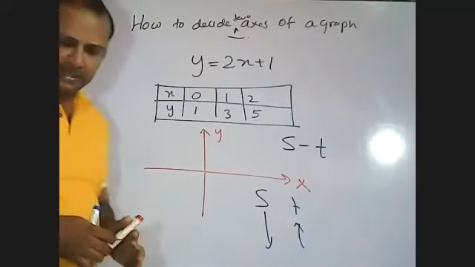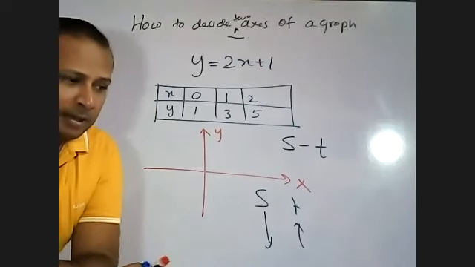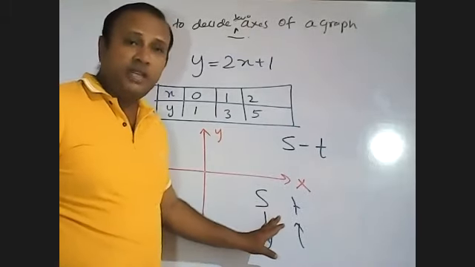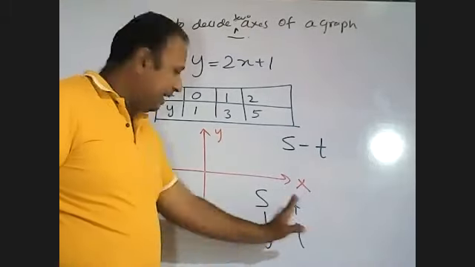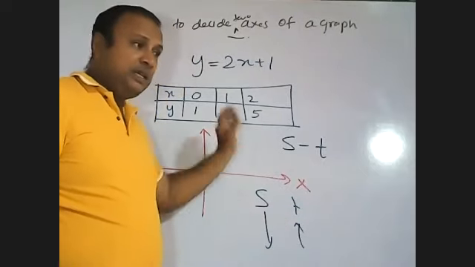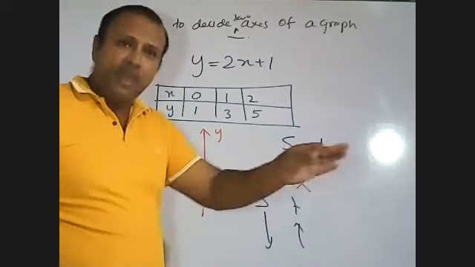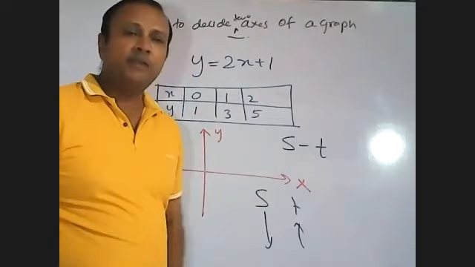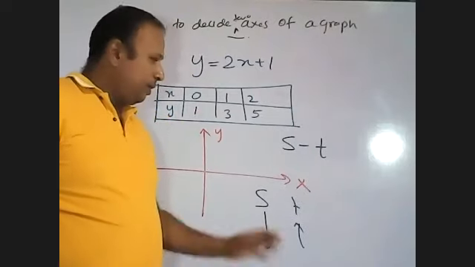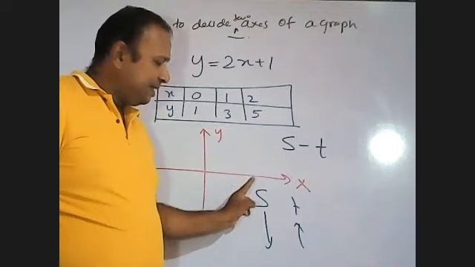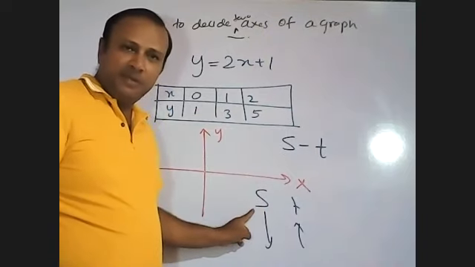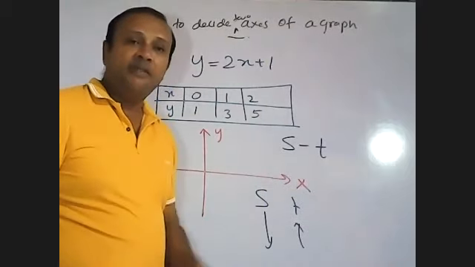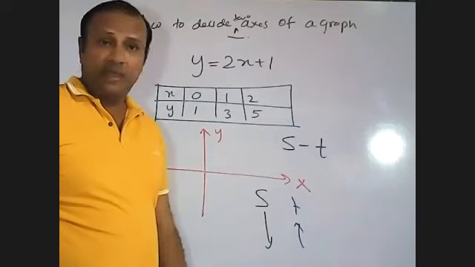Normally, time does not depend on displacement, but displacement can be varied with time. That means when time increases, displacement can be increased or decreased. But time doesn't depend on displacement. When time passes, displacement can be varied.